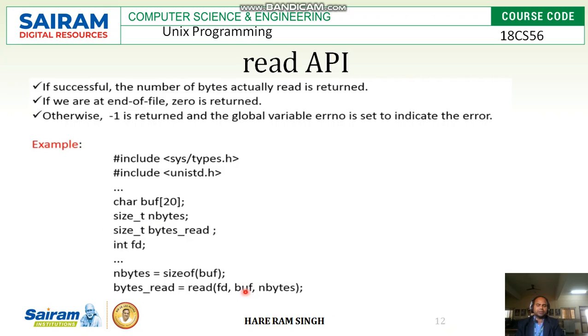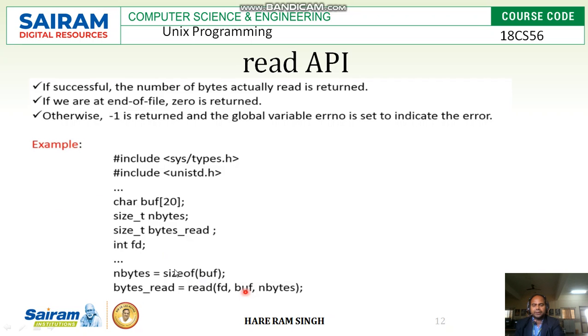Then ssize_t nbytes: this value will be assigned if the Read API has read the data. Then ssize_t bytes_read, which is how many bytes it has read. An int fd, which represents any file descriptor.